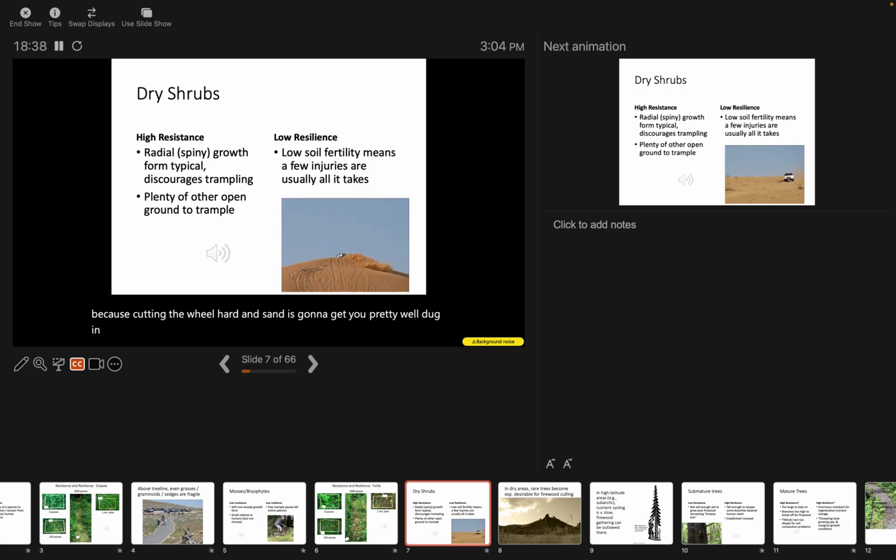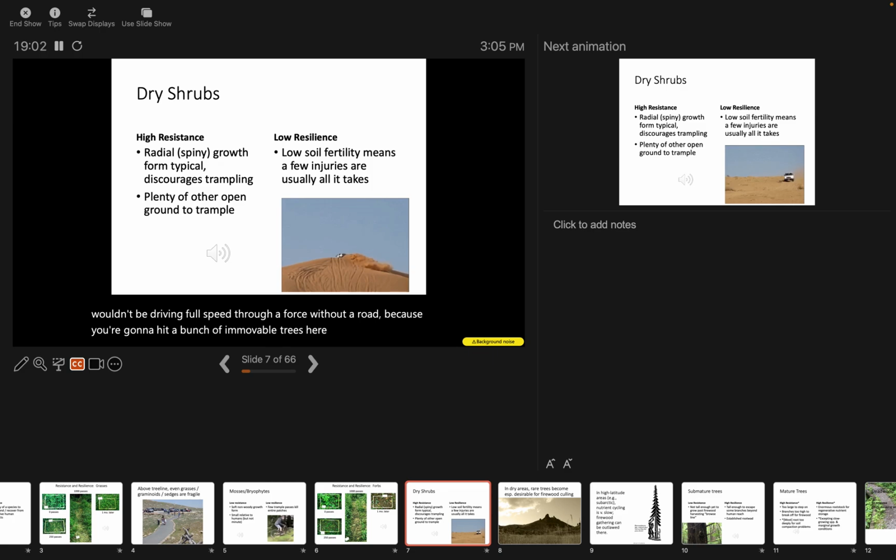So, unfortunately, some kinds of recreation just cannot be made compatible with desert vegetation, in particular shrubs. They're big enough that they're a target, but they're not so big that the truck needs to go around it. Like, you wouldn't be driving full speed through a forest without a road because you're going to hit a bunch of immovable trees.